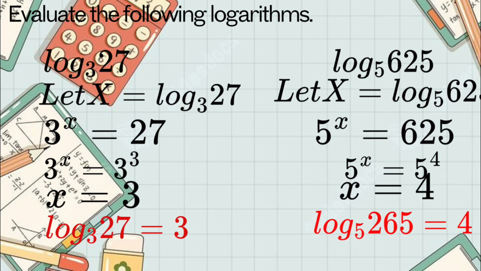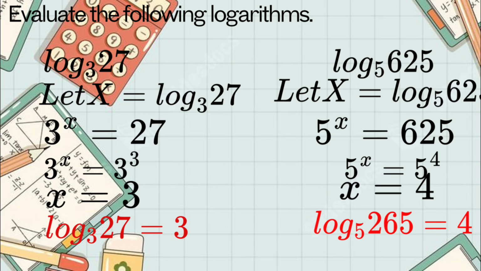The base must be the same. 3 cubed is equal to 27. In solving this problem, we only have to get the exponent, which is x is equal to 3, and that is the answer. So, log 27 to the base 3 is equal to 3.